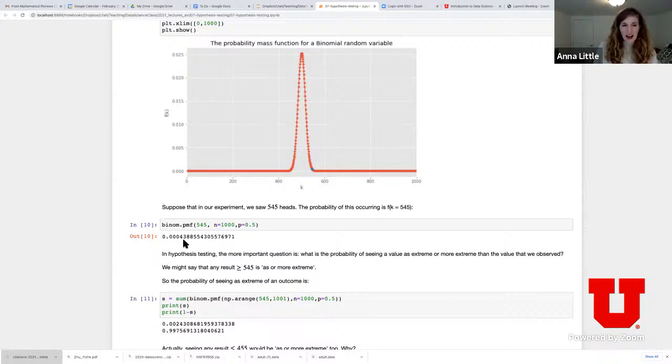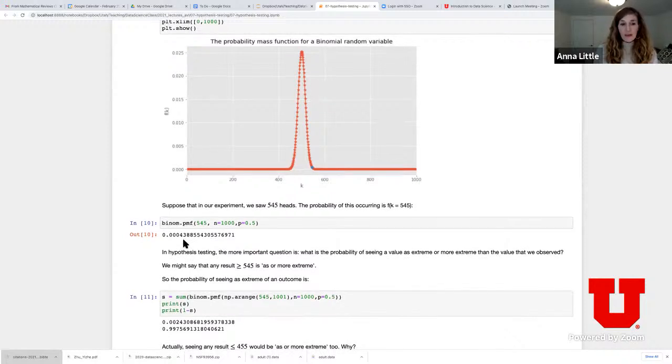This, however, in and of itself is not enough to say that it is an unusual outcome. To really say it's an unusual outcome, what we want to think about is not just the probability of the event itself, but the probability of that event or anything more extreme occurring when we do the experiment or the simulation.